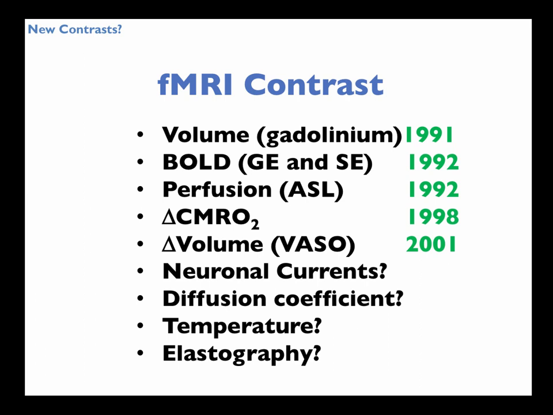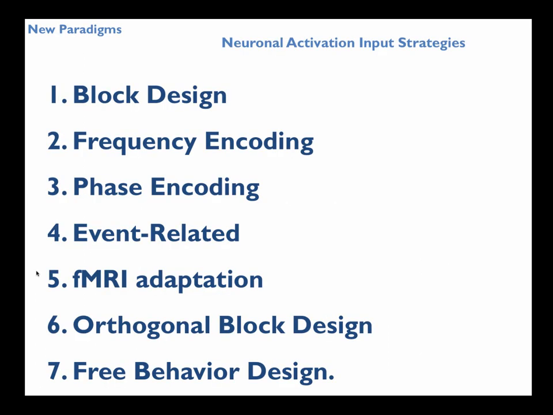It can occur, but whether it's detectable, that's another question. Temperature changes have been measured with activation. There's recent work that came out in last year's ISMRM meeting that claims that elastography changes occur. At the meeting, they claimed the brain got more stiff, and now they're claiming the brain gets less stiff. So I don't know.